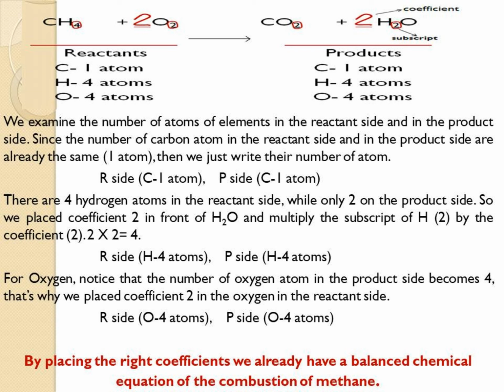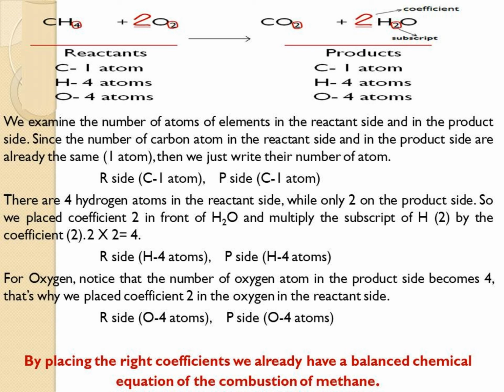For the oxygen, notice that the number of oxygen atoms on the product side becomes 4. Why? Because oxygen in water has no subscript, so there is automatically 1 atom, and 1 atom of oxygen times the coefficient 2, plus the oxygen in the carbon dioxide, which is 2. So 2 plus 2 is 4.